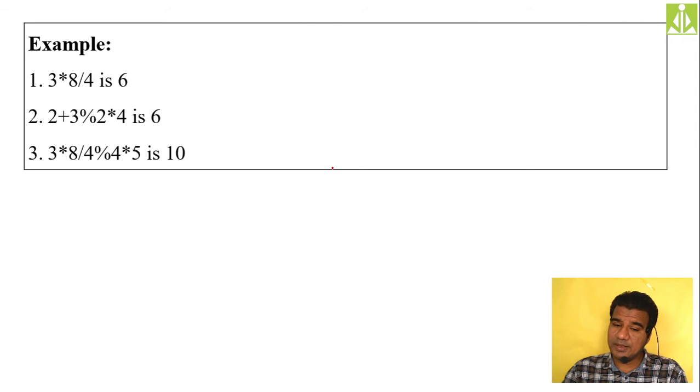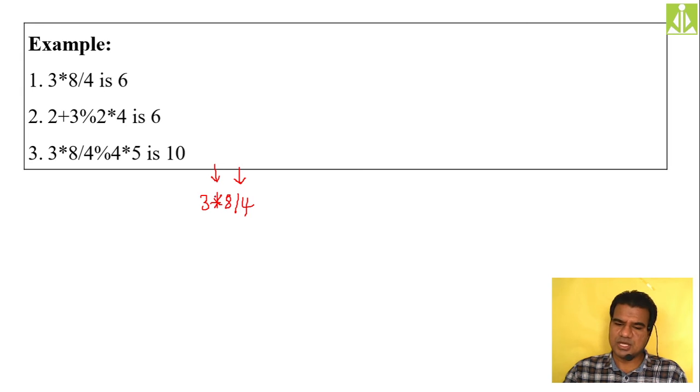As you can see, the first statement: 3 multiplied with 8 divided with 4. So how many operators? 2 operators. So it is a complex expression. What we need to do is first try to apply the precedence.